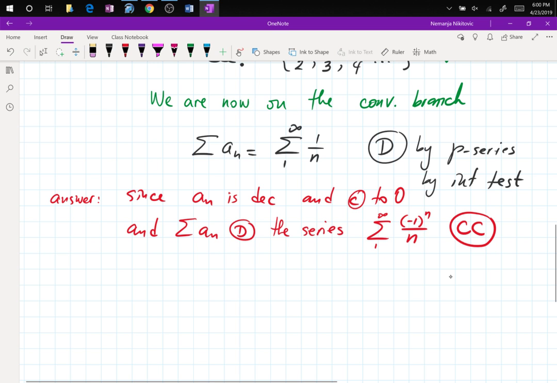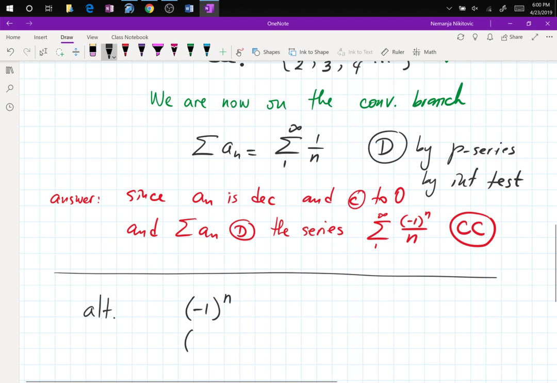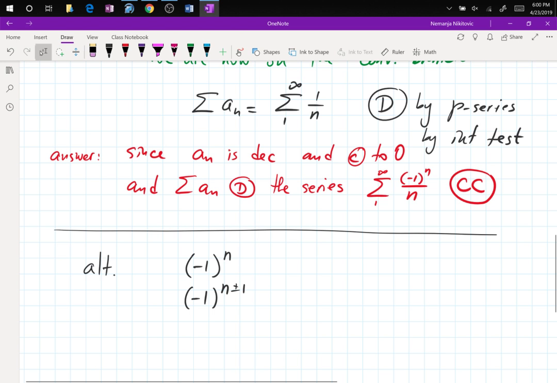Oh, by the way, before we do that, do we all remember the other way to denote alternating? I did give you this, I remember. Yes, it was trig. Good. So alternation is given by (-1)^n, (-1)^(n plus or minus 1), whatever you get there. And do you remember the cosine of n pi? Now, tell me what I should have for sine there to also be an alternating piece.